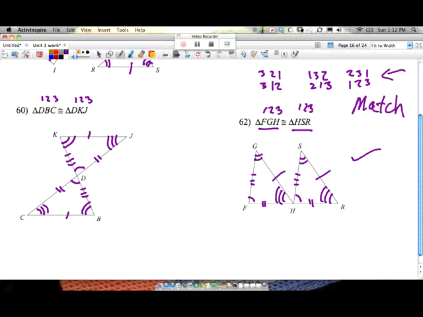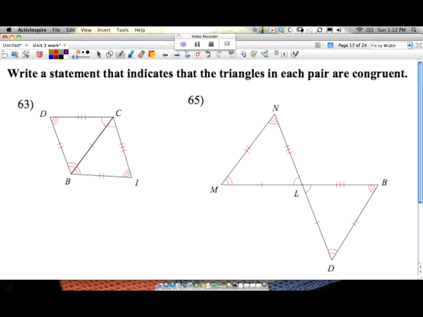Okay. Let's keep going. Write a statement that indicates that the triangles in each pair are congruent. Ooh, all right. So it doesn't give us something, but we're going to have triangle something, something, something is congruent to triangle something, something, something. Again, there's 6 different answers here, but as long as we match them, then we're fine.